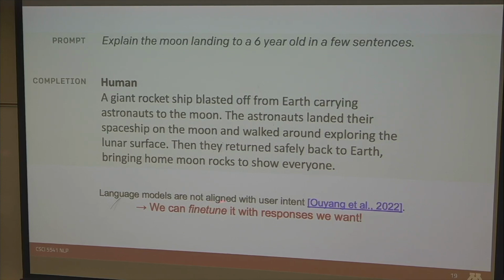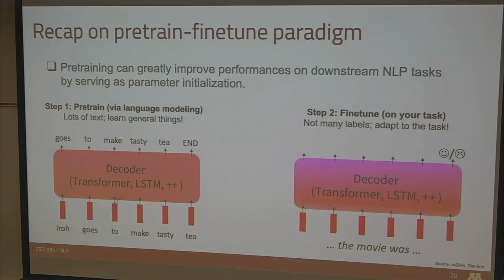And so how do we actually do that? It's pretty straightforward. You can just fine-tune it with the responses that we want. So that was step one. Let's briefly recap the pre-train fine-tune paradigm.